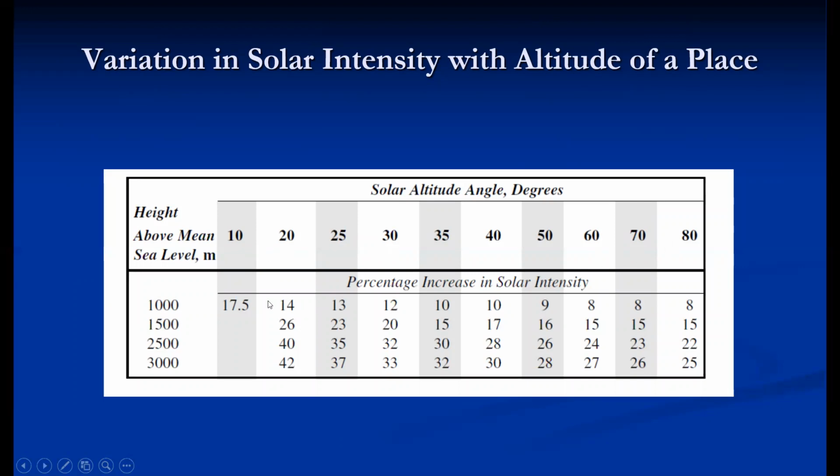It is highest at 10 degrees. As the solar altitude angle increases, meaning this is generally close to the normal, the magnitude of the solar intensity decreases. So solar intensity is a function of altitude as well as solar angle.